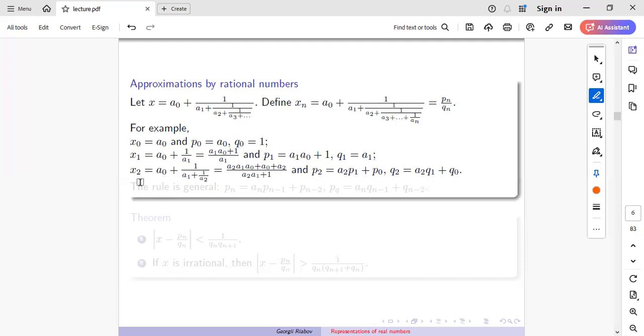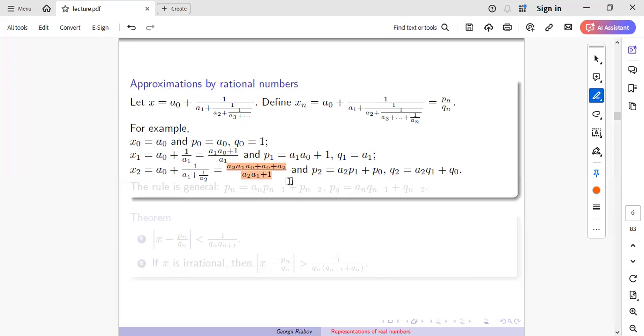Okay, now what is x2? Looks like it's more complicated. After all transformations, we get P2 equals this expression a2 a1 a0 plus a0 plus a2. And Q2 is a2 a1 plus 1.